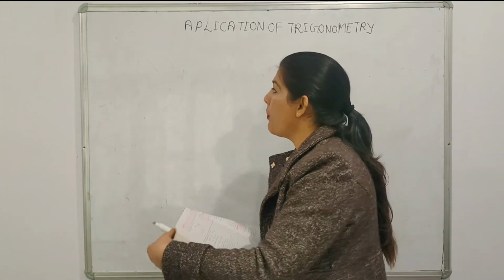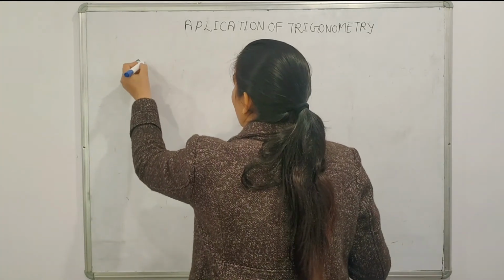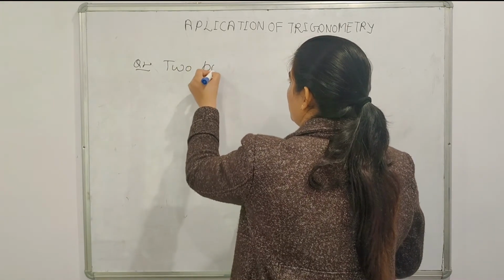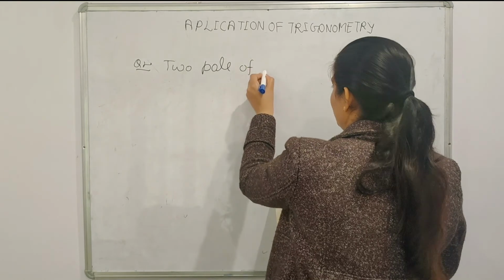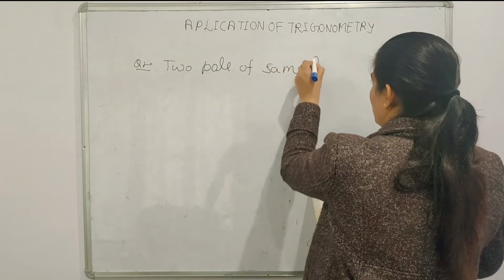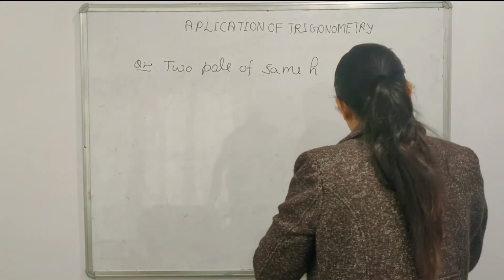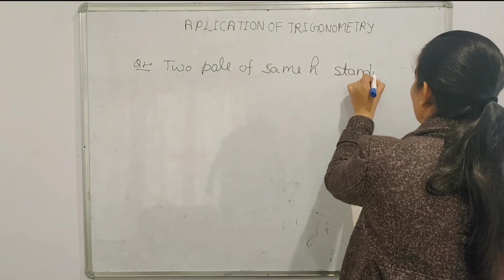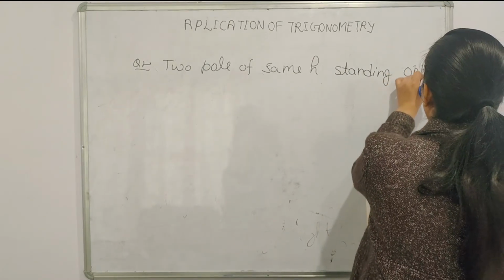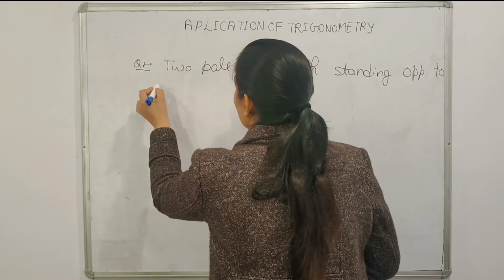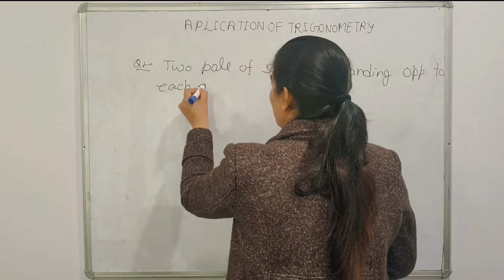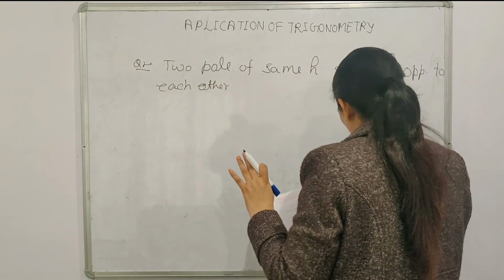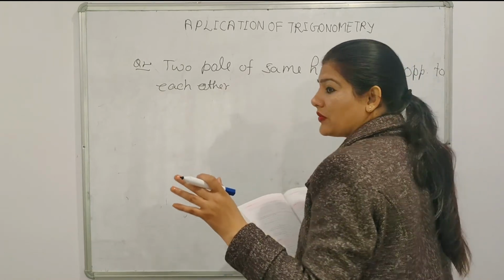So the question is: 2 poles of same height, where height is denoted by H, standing opposite to each other on either side of the road, which is 80 meter wide.